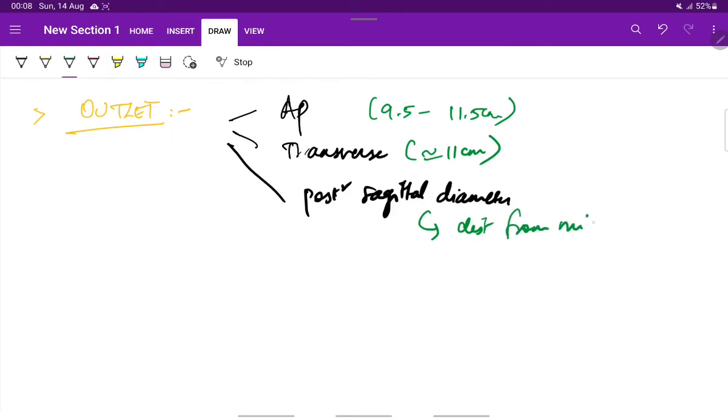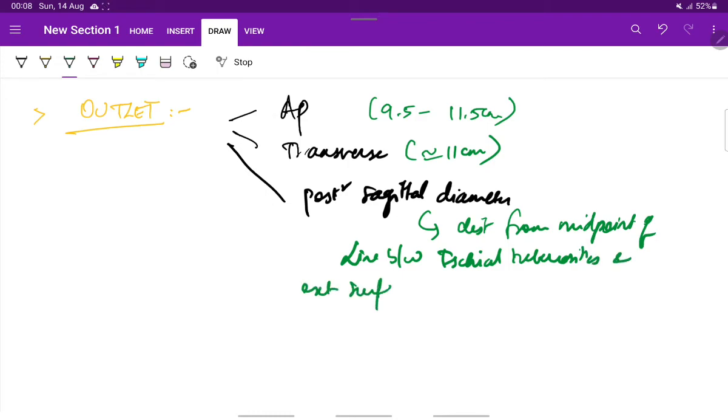The posterior sagittal diameter is the distance from the midpoint of the line joining the two ischial tuberosities to the external surface of the tip of the sacrum.